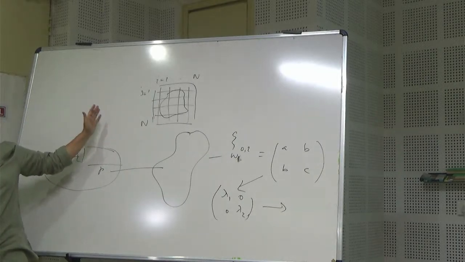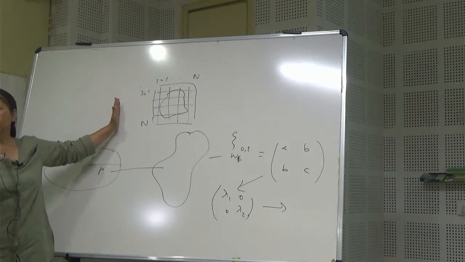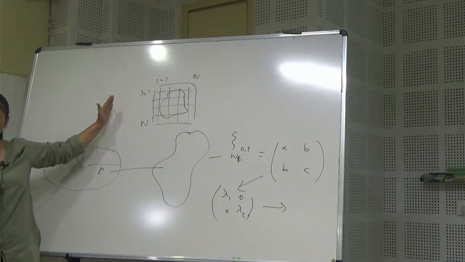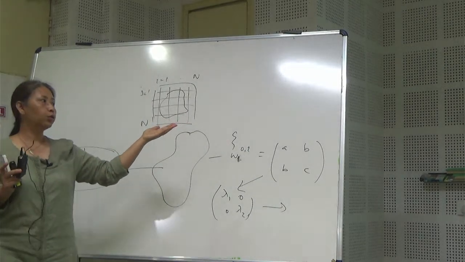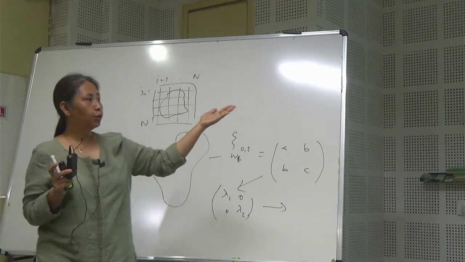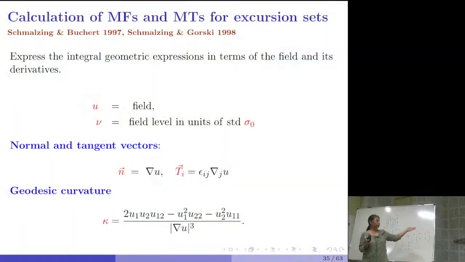This will take many more lectures to go through. So I am doing the easier way, which is to use the field derivatives and do some process which I will describe now to compute these quantities.